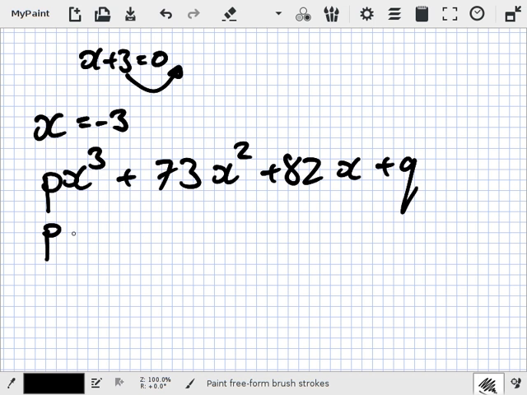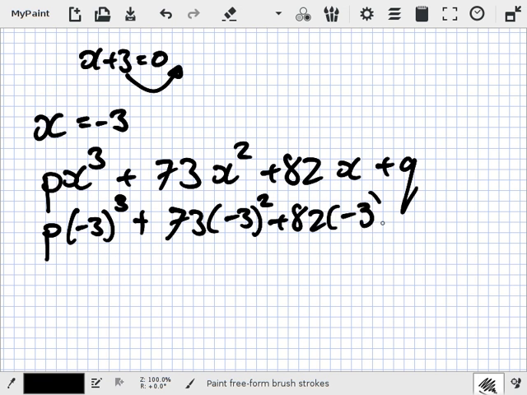I'll have p times minus 3 cubed, plus 73 times minus 3 squared, plus 82 times minus 3, plus q. And what should that equal? 0? No, not this time. 150, I believe so. Yeah, 150. Good.